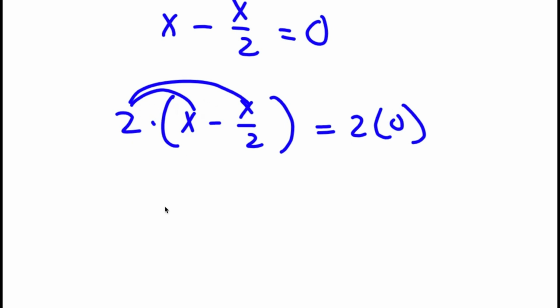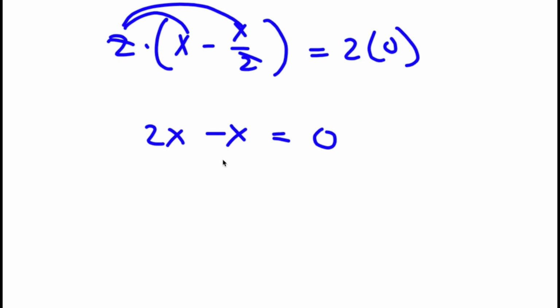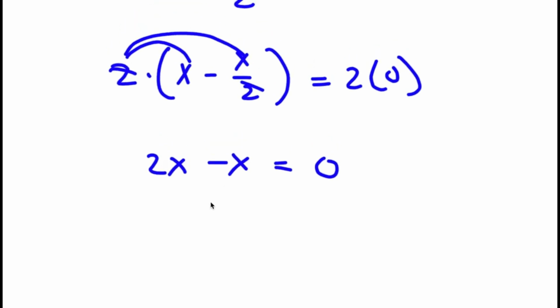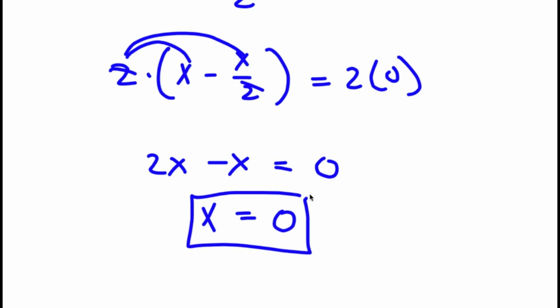So first off, 2 times x is simply equal to 2x, and 2 times negative x over 2, the 2's simply cancel out, so all I'll be left with is negative x. And this is equal to 2 times 0, which is simply equal to 0. So I have 2x minus x is equal to 0. Now 2x minus x is simply equal to x. So I have x is equal to 0. So x equals 0 is my solution.